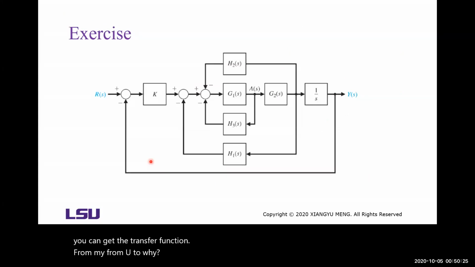So the last example I showed you is a very complex example. This question is from last year's final exam. So you need to be able to obtain the transfer function at this typical level: an input and output with a few blocks in the feedback arrangement, then they are connected in series and also in a feedback loop.